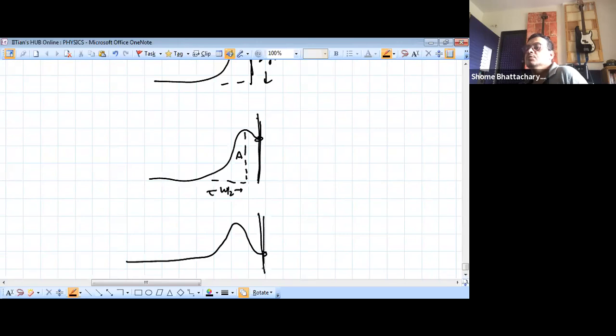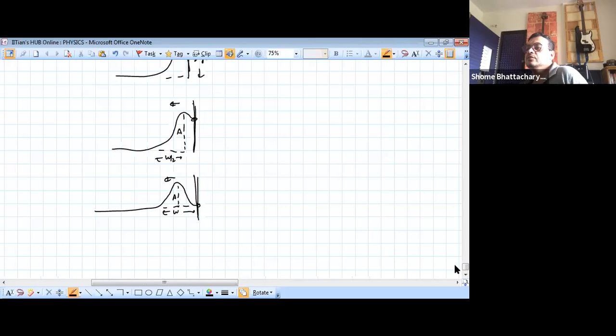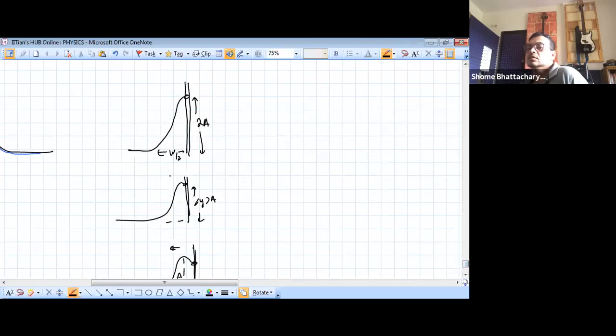And then it eventually comes back to this kind of shape. All this time, this pulse peak is traveling in this sort of direction. So the progression of the wave pulse this time happens like this.